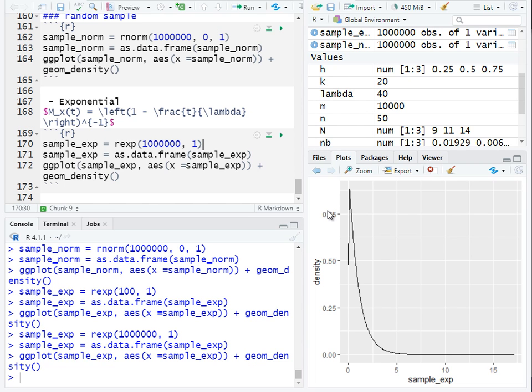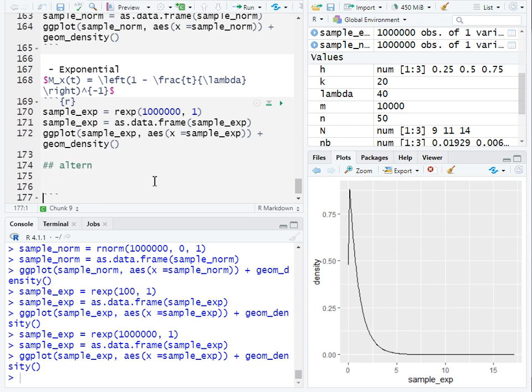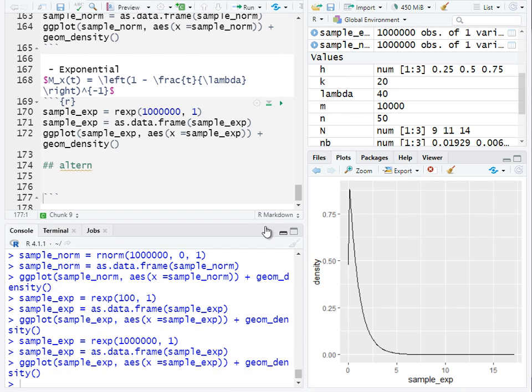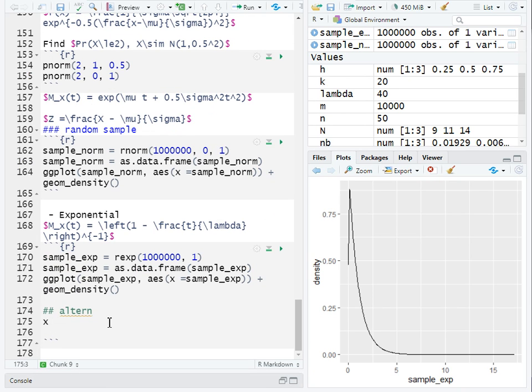The method is called solving u equals F(x) for x, where u is an observation from a uniform distribution on 0, 1. It gives a result which can be implemented with the command x equals minus log u over lambda.